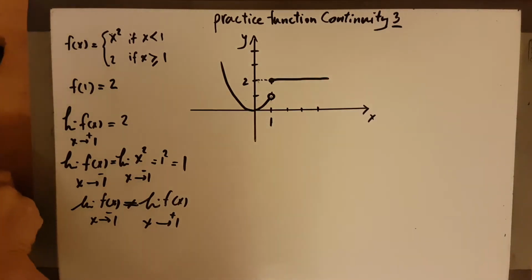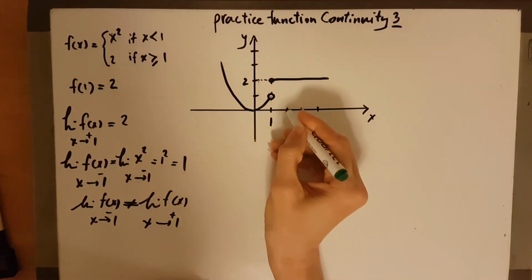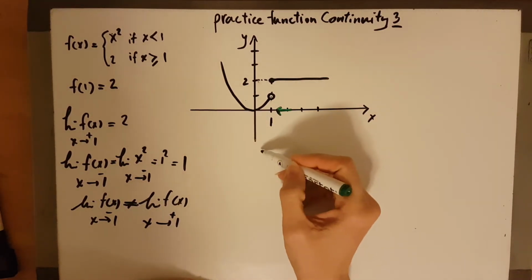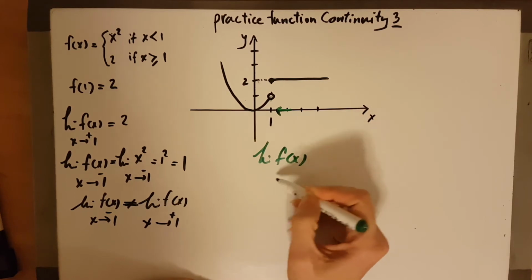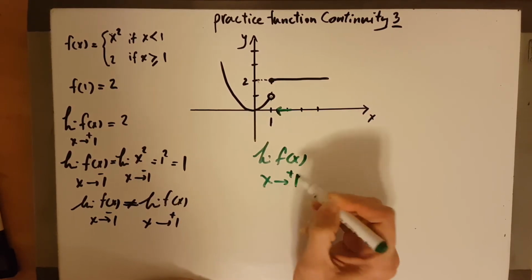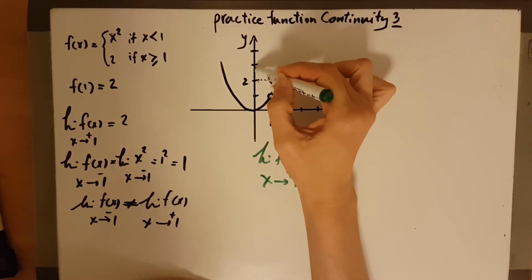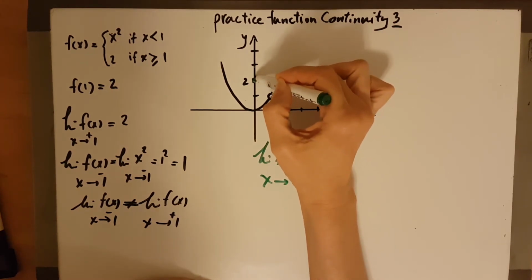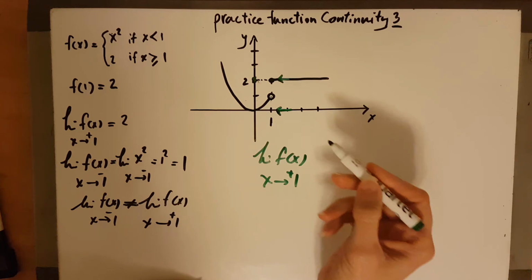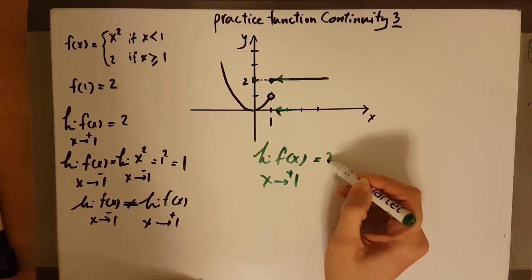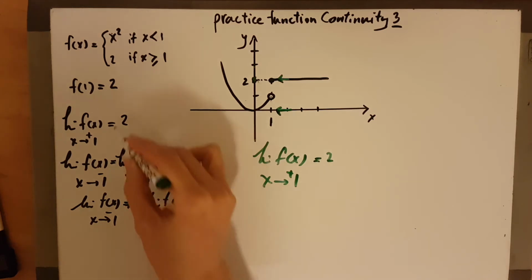If I look at the graph, for the x's bigger than 1, the limit of f(x) will be going towards 2, so it's just going towards this point. And it will be 2, as we have found before.